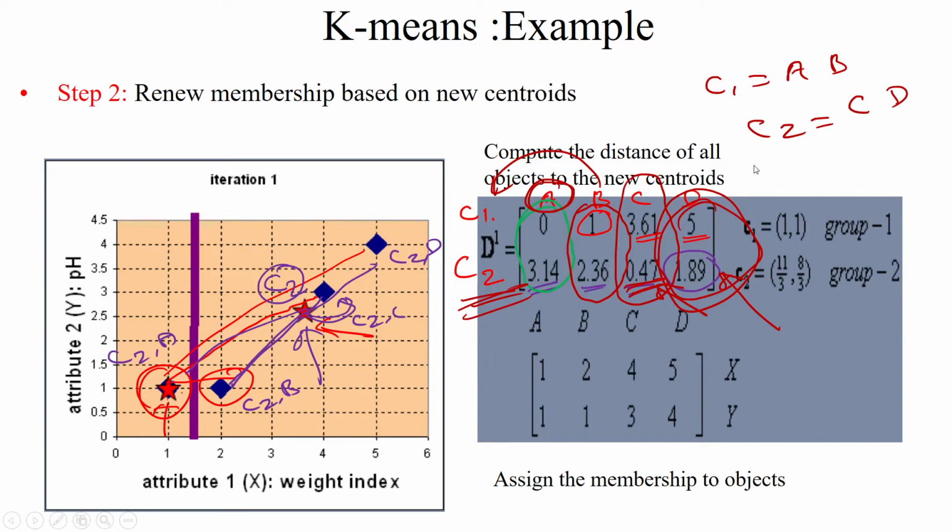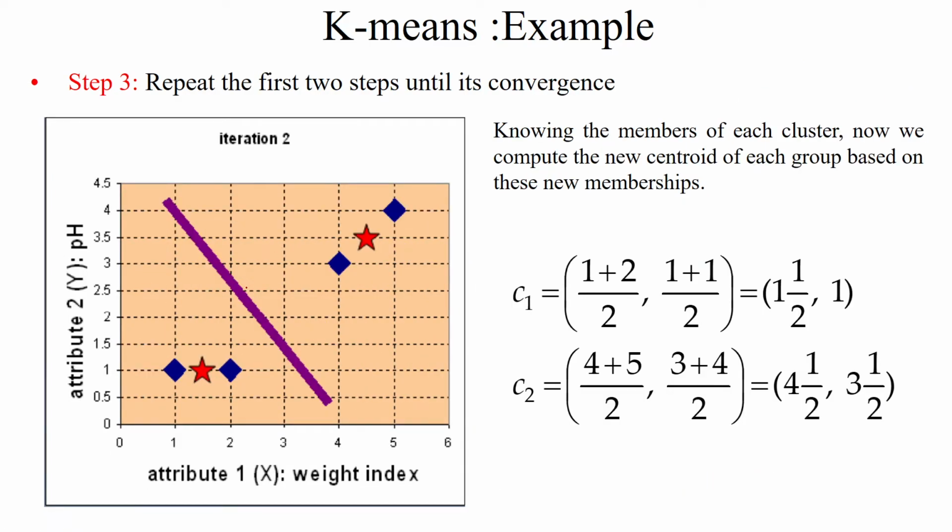Now we have formed groups: A and B will be one group, C and D will be one group. Again, we have to calculate the mean of these cluster members. This is the x1 feature, x2 feature. First data point x1 plus second data point x1, divided by 2, the number of data points in the cluster.